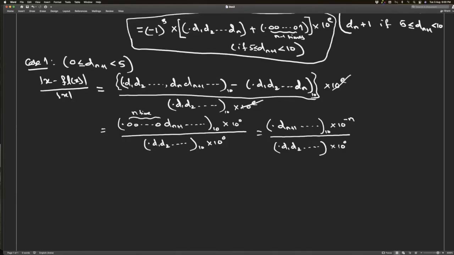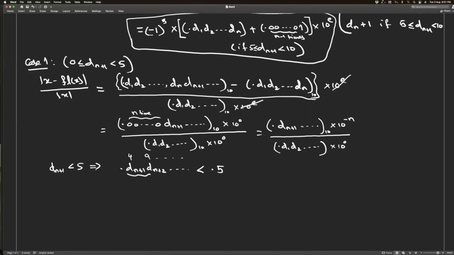There are two things that we have to note here. One is dn plus 1 is less than 5. That implies that point dn plus 1, and after that whatever may be the value of dn plus 2 and so on, surely the first term is less than 5, therefore this should be less than 0.5, right? This may be at the worst case 4, 9 and so on, in which case also you have this is 0.5.